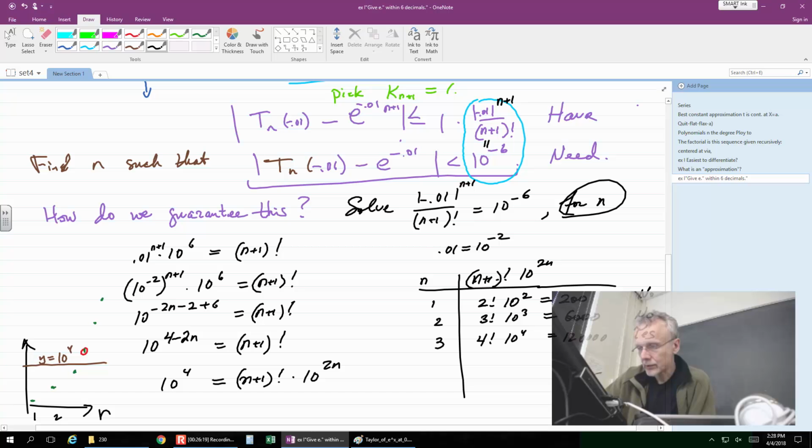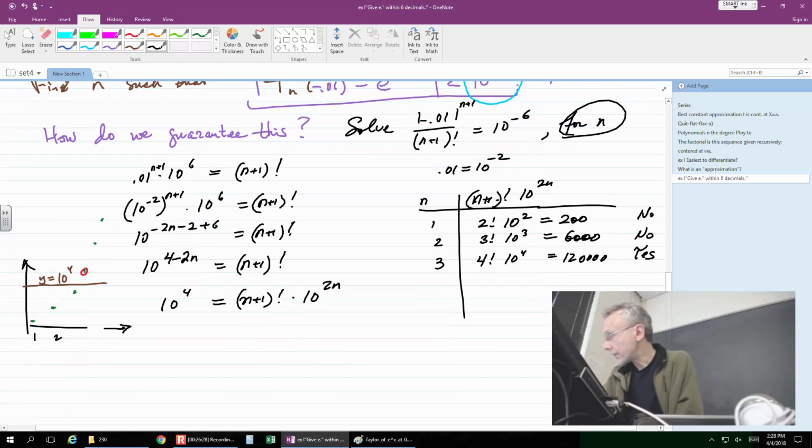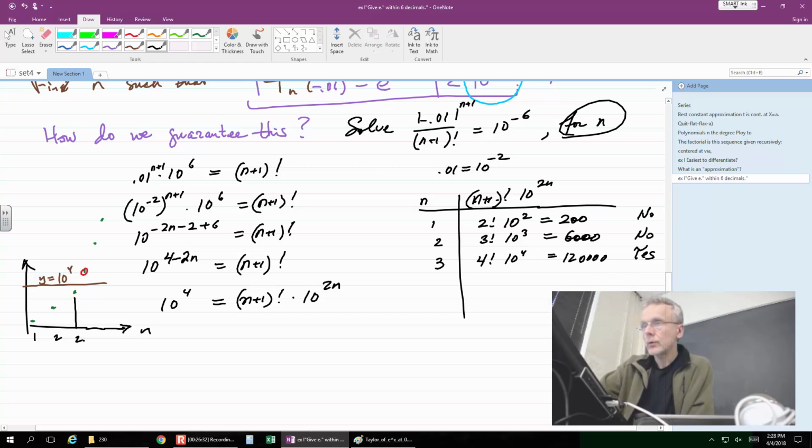So if I want to have this semi-distant illustration here, this is my n, this is my 2, this is my 1, and this is my 3.